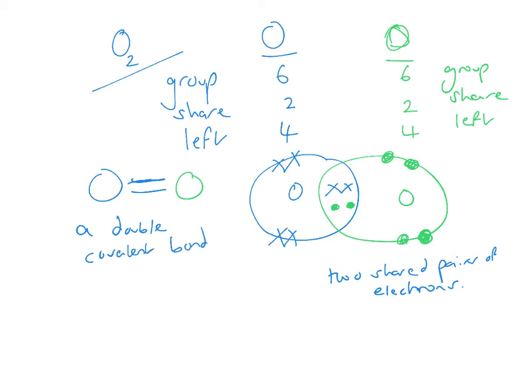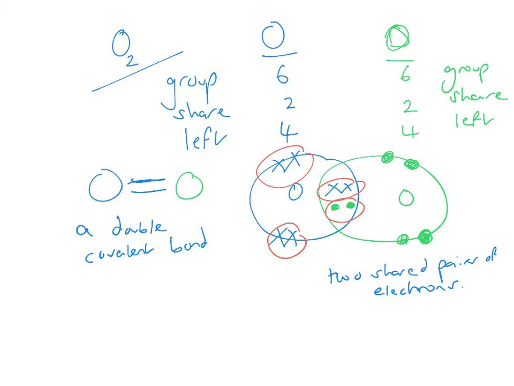The final thing we just have to remind ourselves of, and just to check, is actually how many electrons are in the outer shell of each atom. So if we have a look at the first oxygen, we can see that we have got 2 here, 4 here, 6 and 8. So this oxygen atom has got a share of 8 electrons.